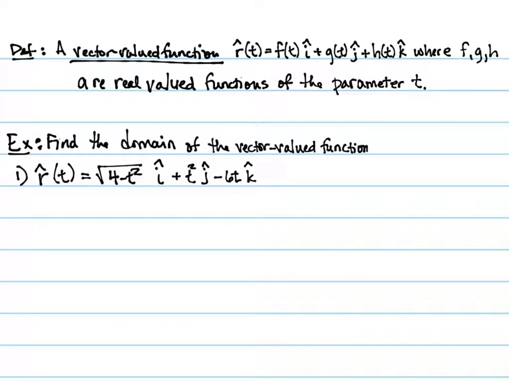So there's three components. There's three different equation components, right? Polynomials or radicals or whatever, but there's three different f, g, and h.